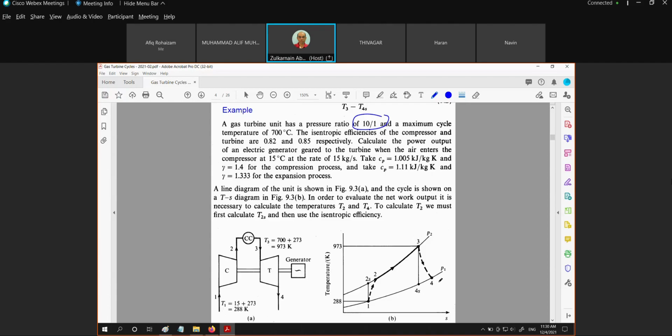And the exhaust gas is at the state of 4. Okay? So T1 is given, overall pressure ratio is given, then we can use T2 is equal to T1 multiplied by P2 over P1 in order to get the T2S. Okay, T2S.